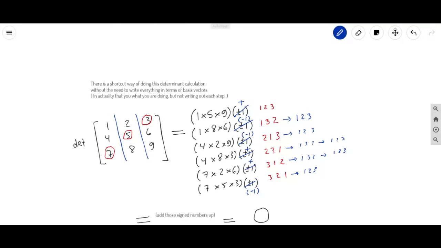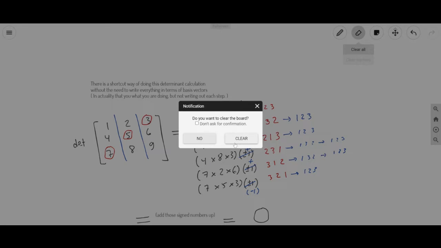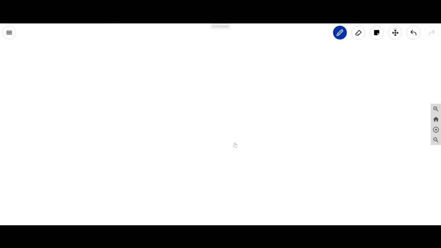Now let me say some more things about this. Let's write down a general formula, maybe I call this the combinatorial formula for the determinant.